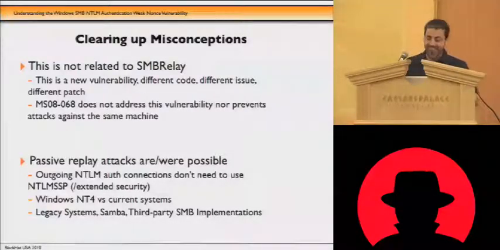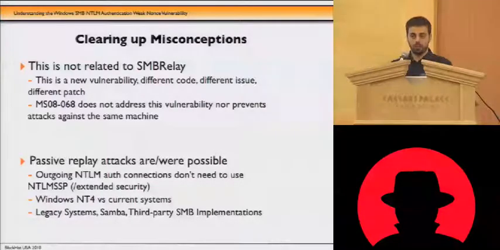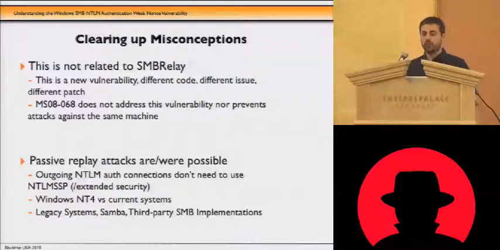So some very quick clarifications that we want to make about the vulnerability: because of the way that we are actually getting the responses that we need from the victim, some people think that this is some kind of SMB relay or SMB credential reflection attack, but it has nothing to do with that.